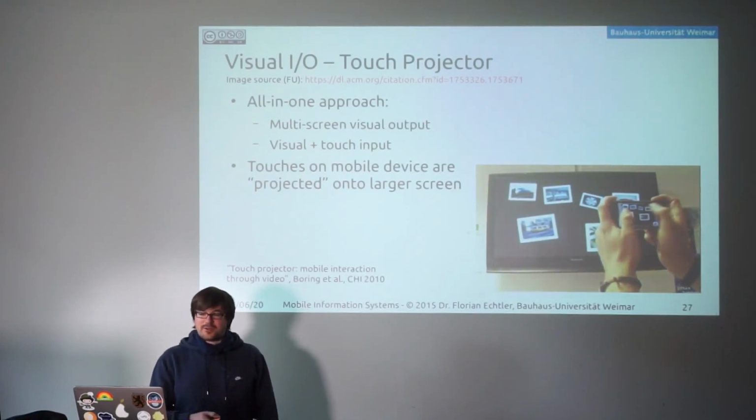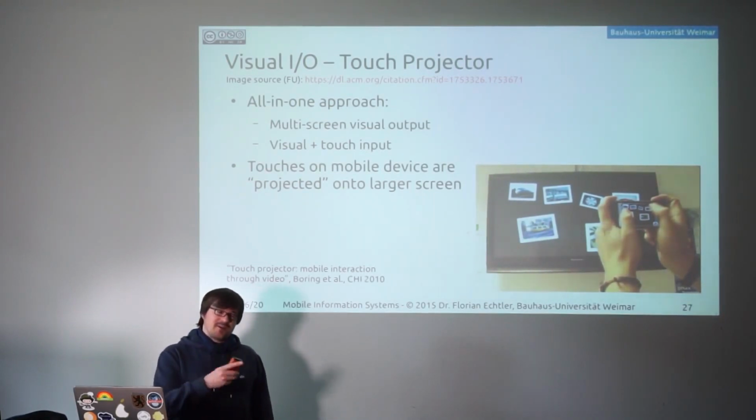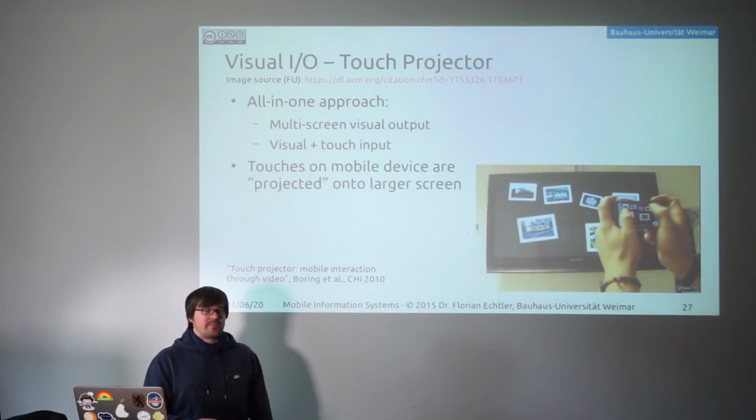You would rather just detect the white border and then use that to infer the relative position of the device with respect to the screen, and also to project the touch points back onto the large screen.